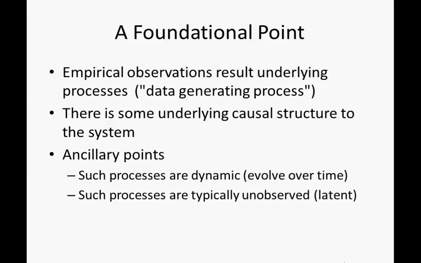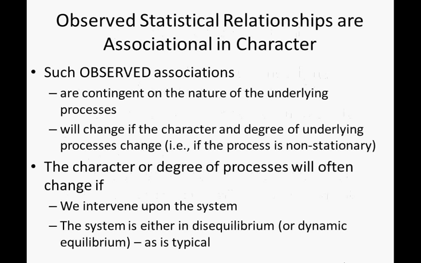The processes going on there, we posit, are dynamic, evolving over time, and most of them are unobserved. They're latent from a statistical perspective. They contribute to and give rise to what we do see, but they're not directly measured. Now, in the statistical area, we're often working largely, maybe not always, with observed quantities.